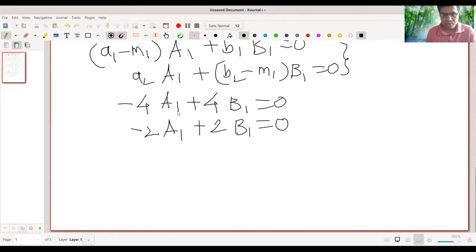These two are the same, so both imply A1 equal to B1.